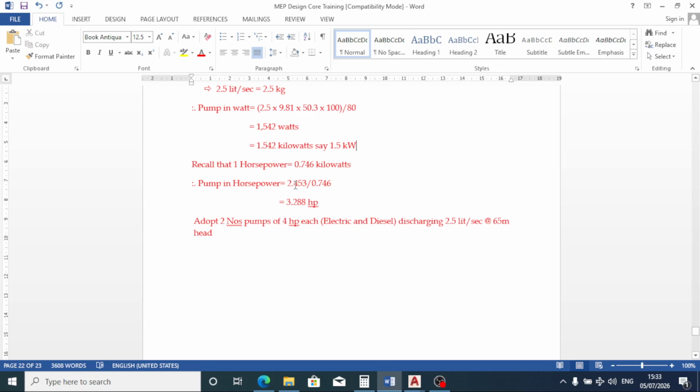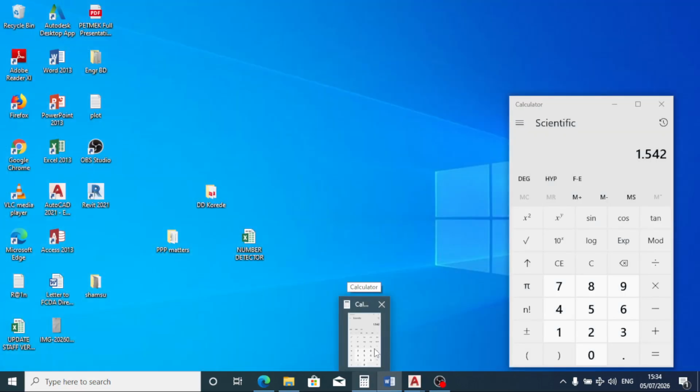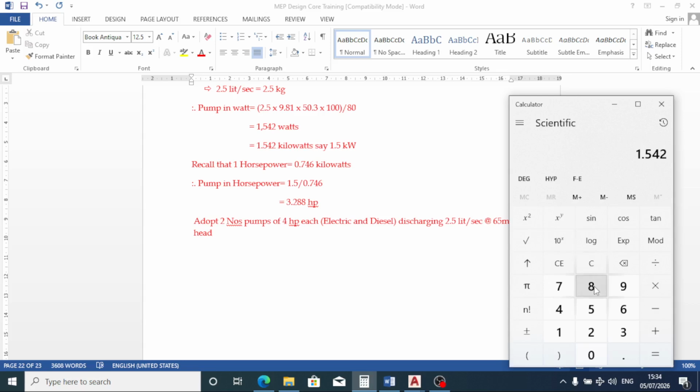So now 1.5 kilowatt divided by 0.746, and we will be having 2.0.